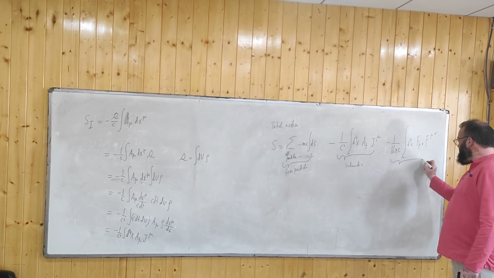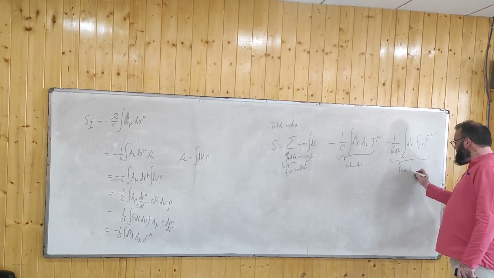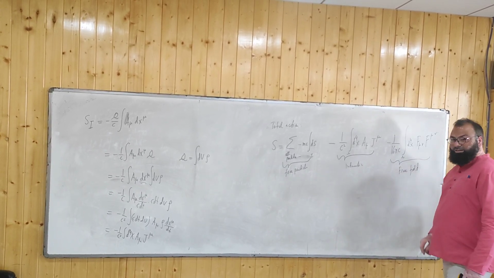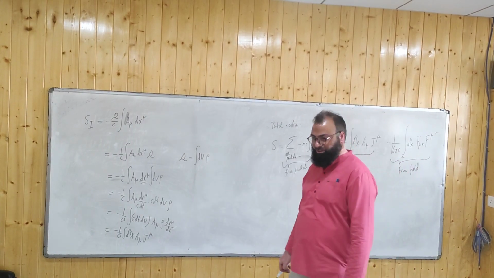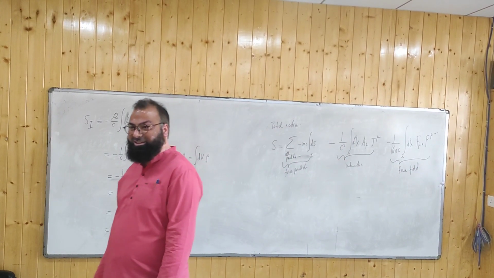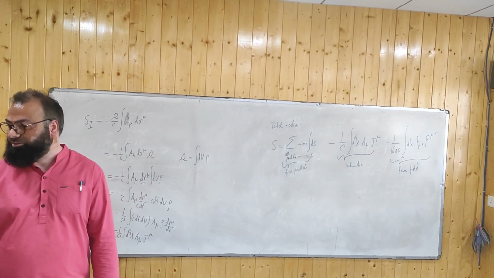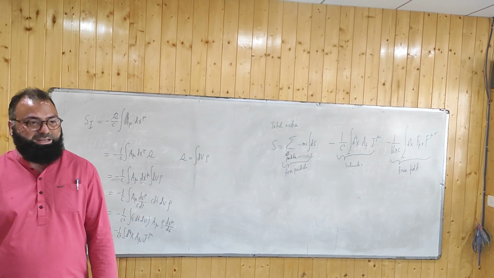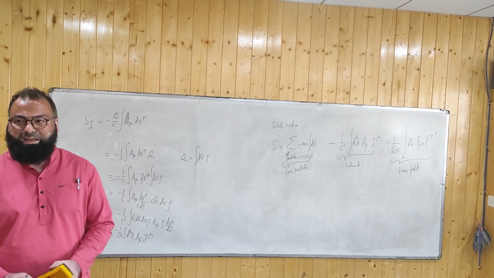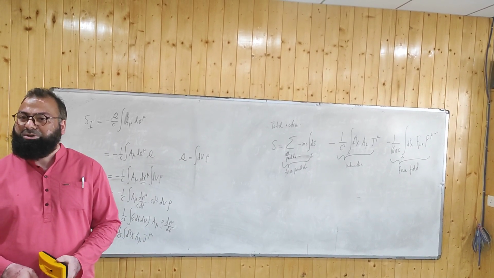So this is the free field. This action governs all of classical electrodynamics. This is the action for classical electrodynamics. All of classical electrodynamics can be derived from this very action. Clear? Any question?